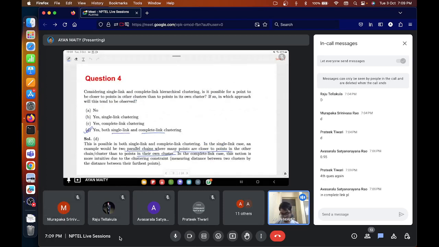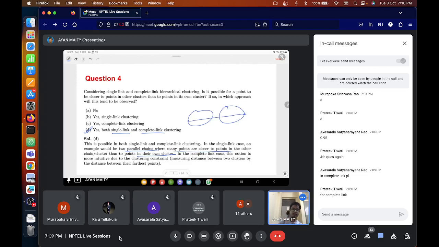In the fourth question, I already mentioned that for complete link, we always try to check the distance between the two farthest points in the two clusters. So for these two points, the distance might be smaller than the distance between this point and this point, isn't it?